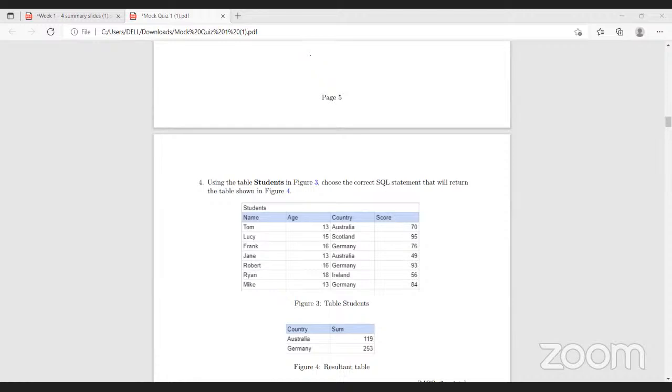Okay, no issue. Sir, I have doubts mainly in the division operation. That's sometimes a bit confusing, especially when there is more than one attribute on both sides.